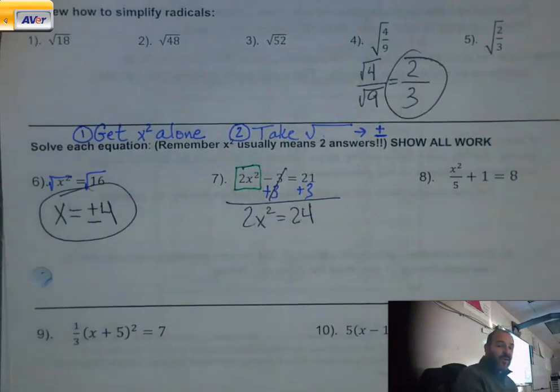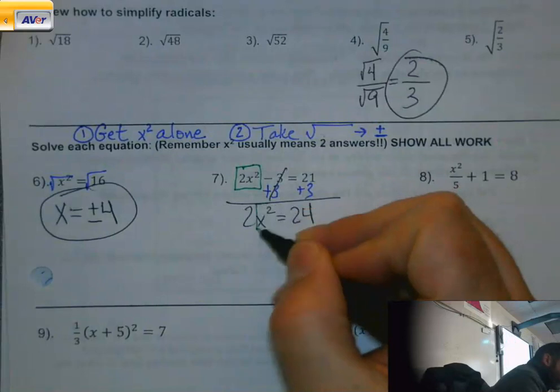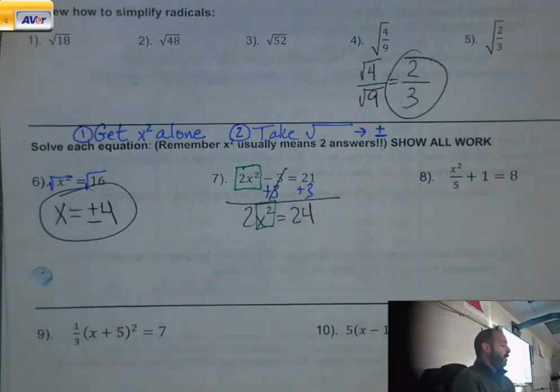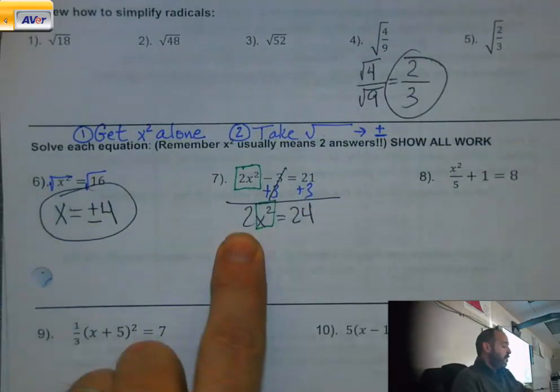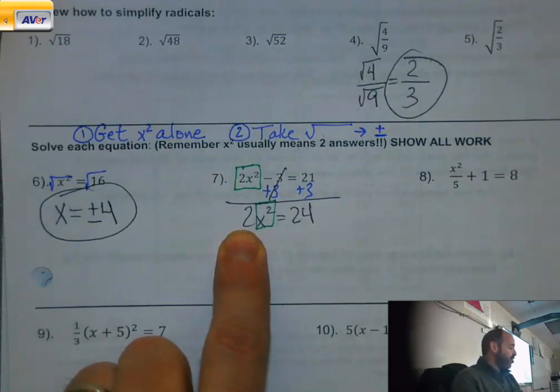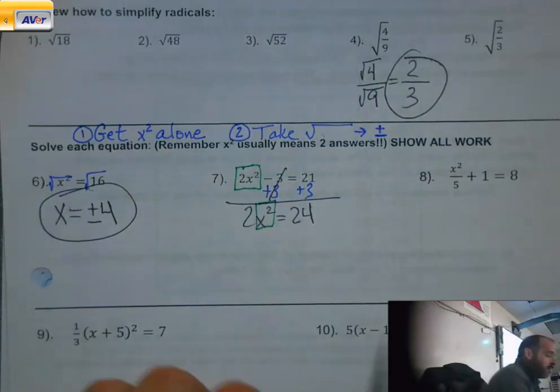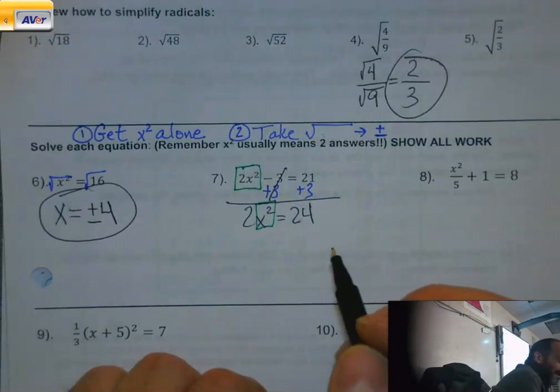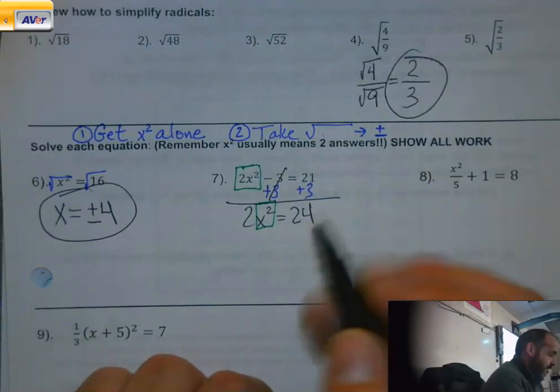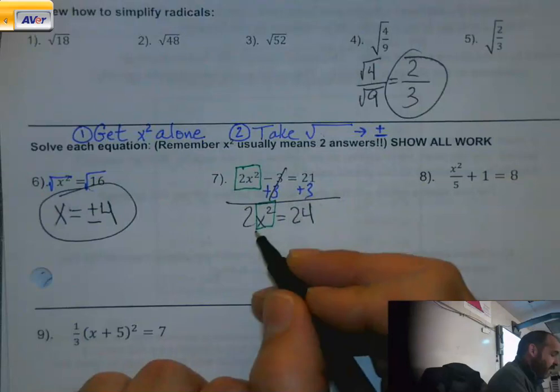Now, we still don't have x squared completely alone. We're getting there, though. How do I undo the multiply by 2?